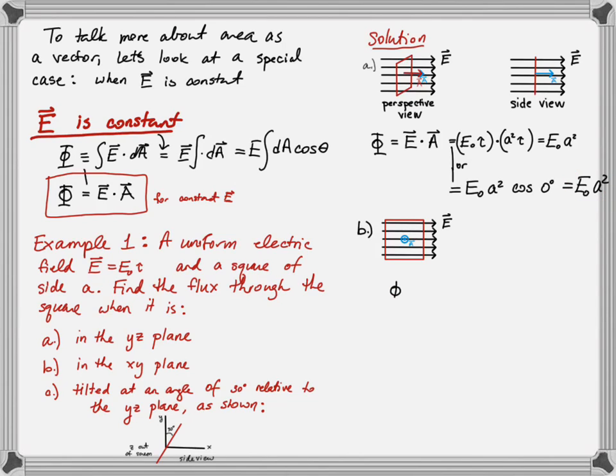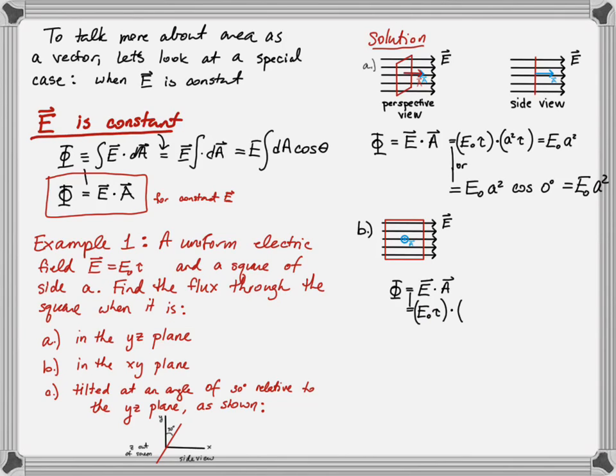So part B was when the square is in the XY plane. Here, it's a little bit hard to tell, but it's in the plane of the screen. It's pretty easy to draw. And we get that the area vector, again, is perpendicular, so straight out of the page, there's my symbol indicating that it comes out.